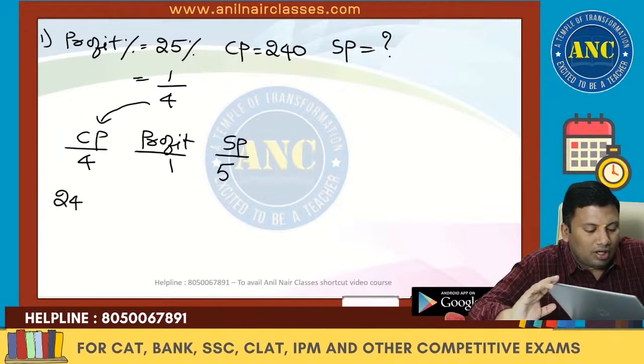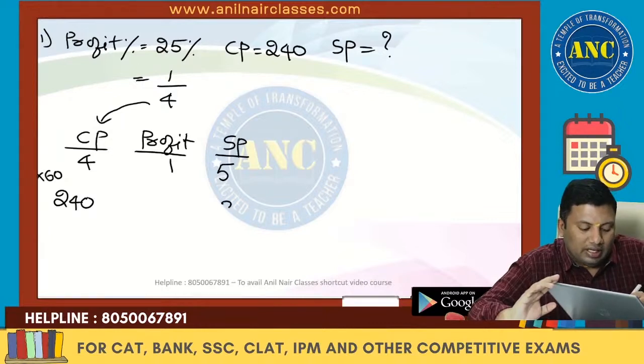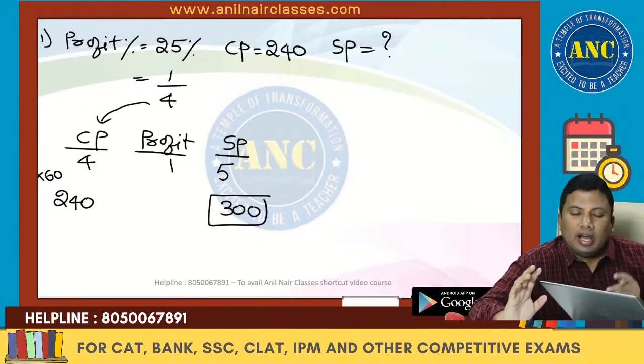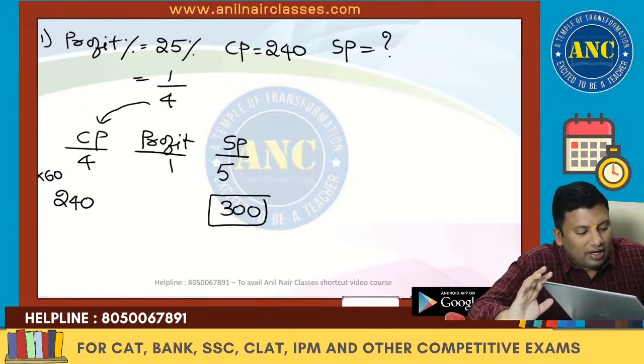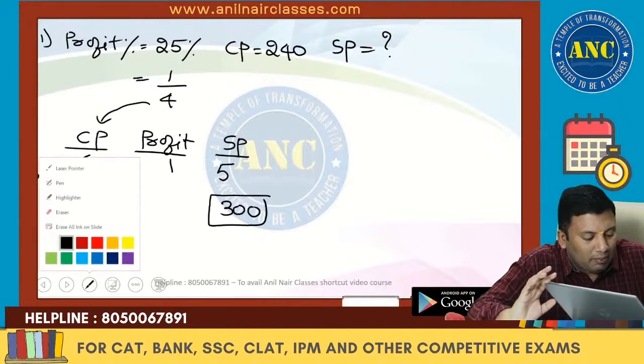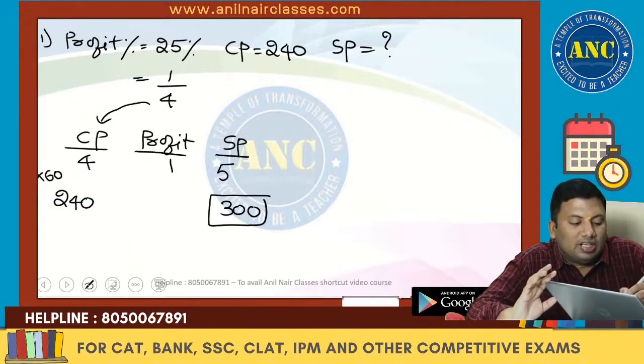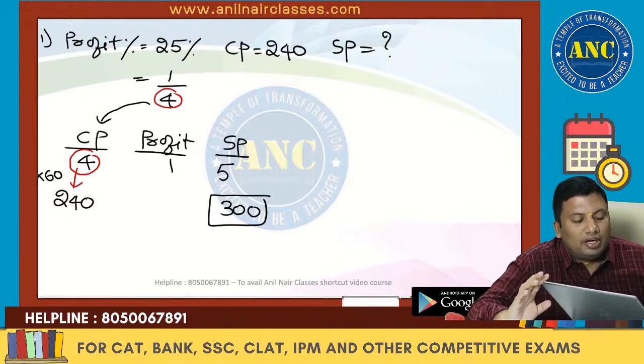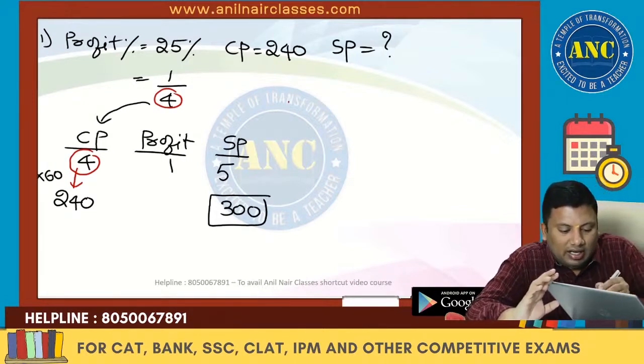But what I want is 240. 4 into 60 is 240, so 5 into 60 is 300. The selling price is 300.